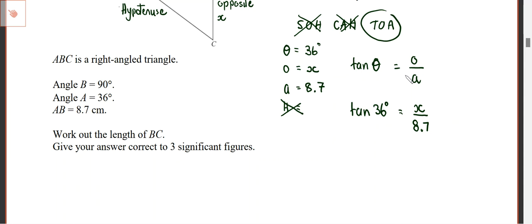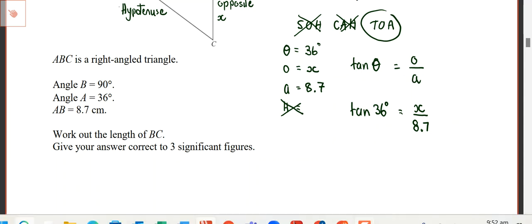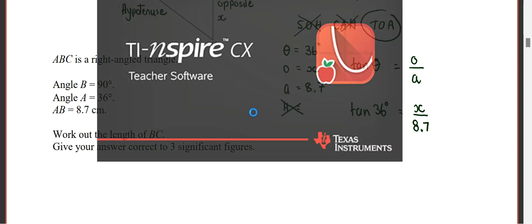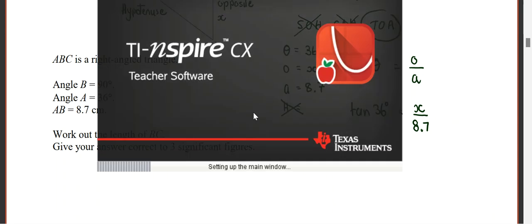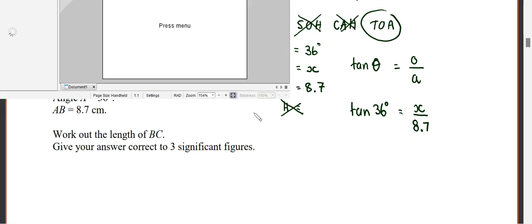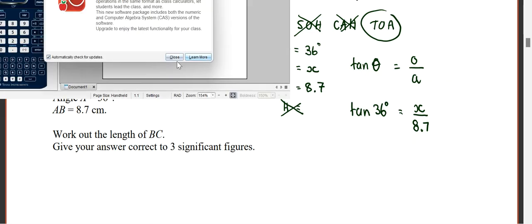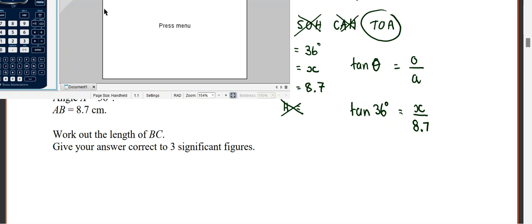On your calculator, let's see if I can get mine open. So you press your tangent button, and then you type in 36 and press it. 0.72.